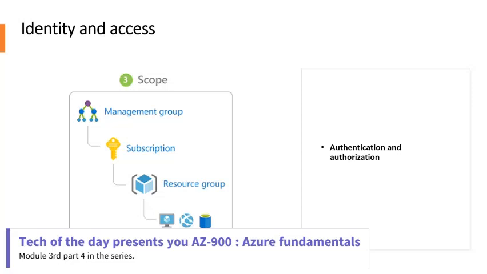You have multi-factor authentication: something you know, something you possess, something you are. So in multi-factor authentication, you are asked to prove one of these three things: something you know, something you possess, or something you are.